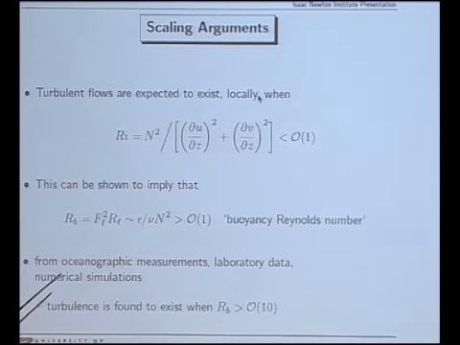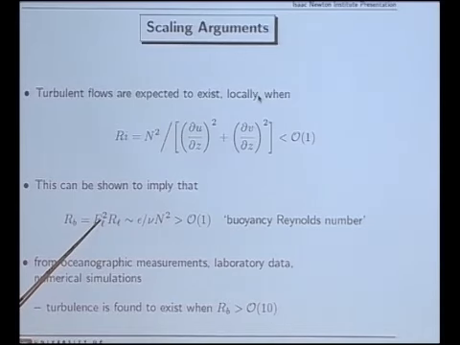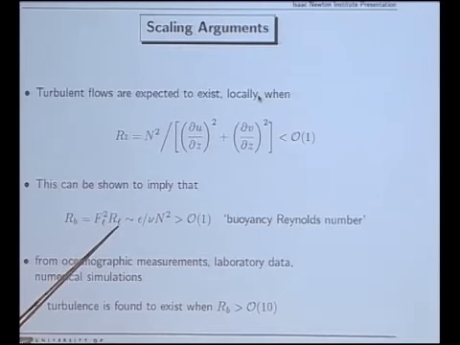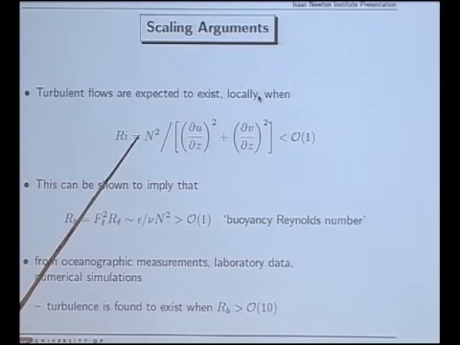This is often called the buoyancy Reynolds number, or an activity parameter by oceanographers. The scaling shows this goes like epsilon over nu N squared, which is common to oceanographers. So it's really the combination of the Froude number and Reynolds number that has to be large.